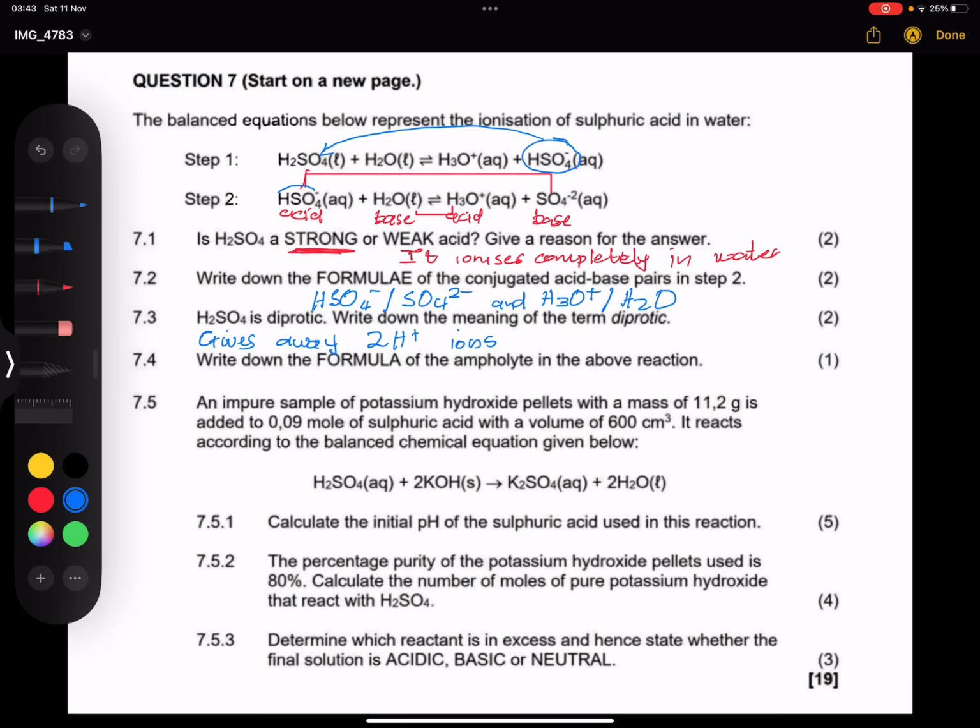But in the second reaction, HSO4 minus gives away a proton, and in this case, it behaves as a base. So which one acts as an ampholyte? That would be HSO4 minus.